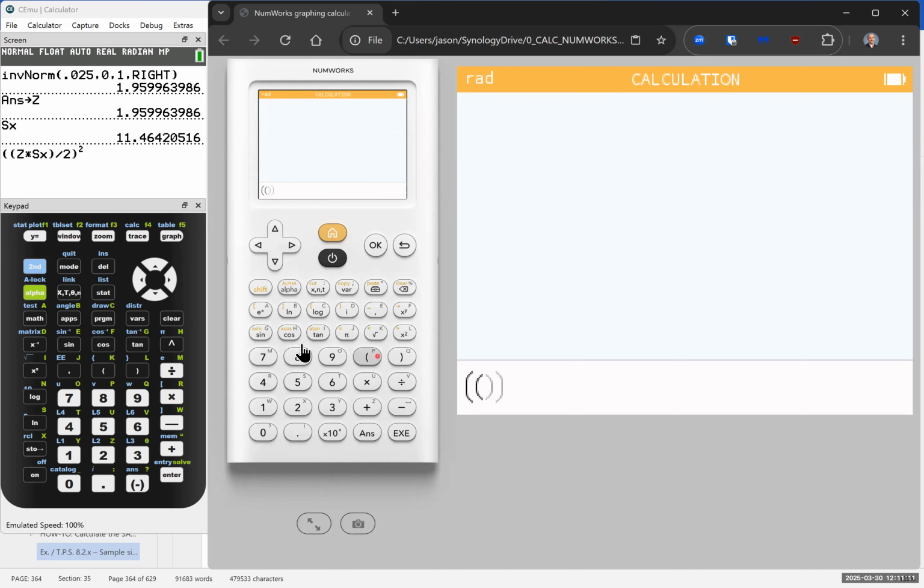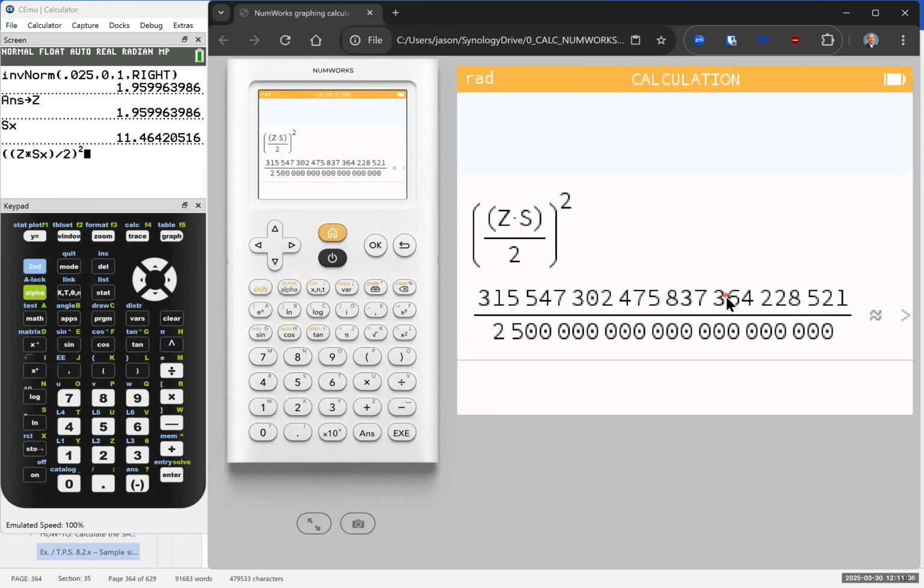So parentheses, parentheses, and I'm going to have shift alpha Z times capital letter S divided by 2, and then squared. Okay, that should give us, where's my answer?